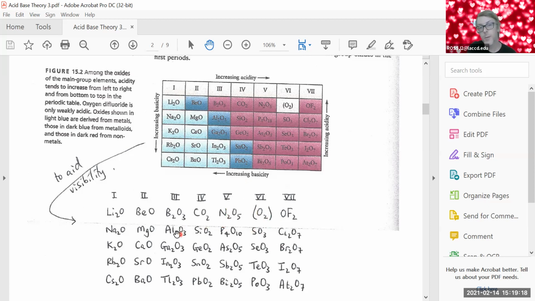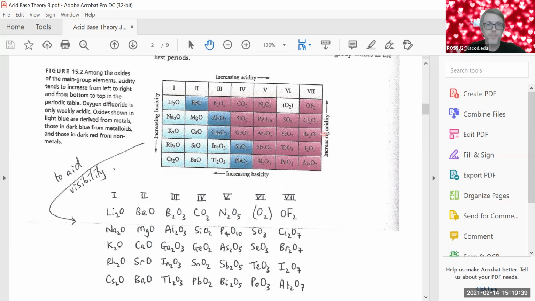We've just seen aluminum oxide in the middle, and you can have essentially this continuum, increasing basicity down a group. So there's somewhat of a periodic trend here, increasing basicity down the group, and right to left across a period.